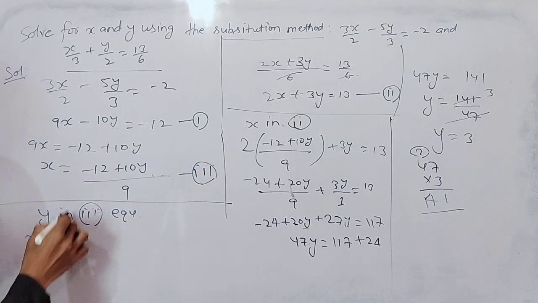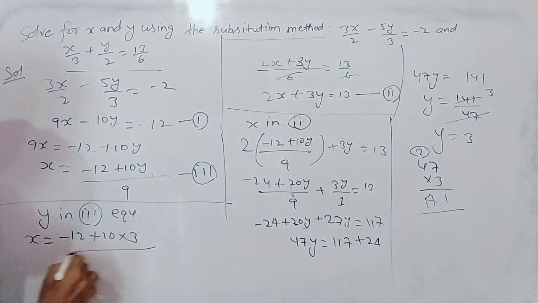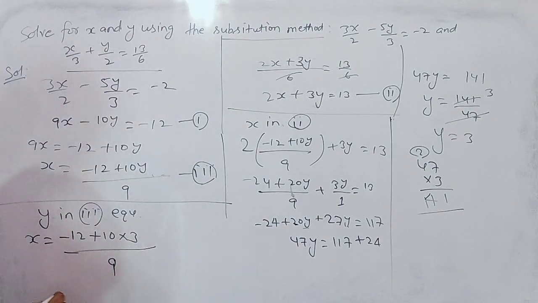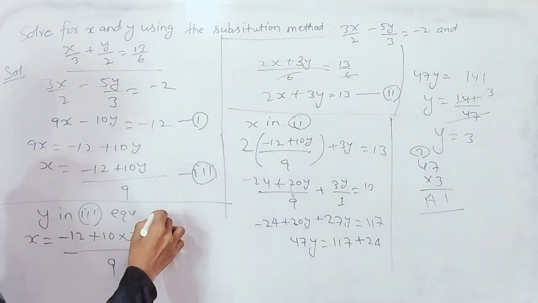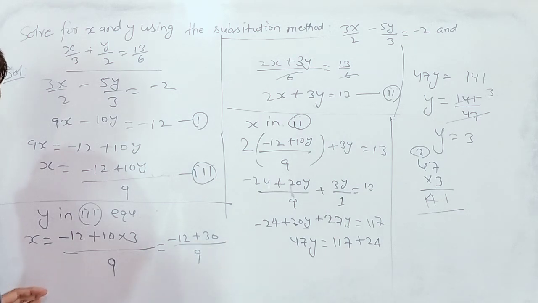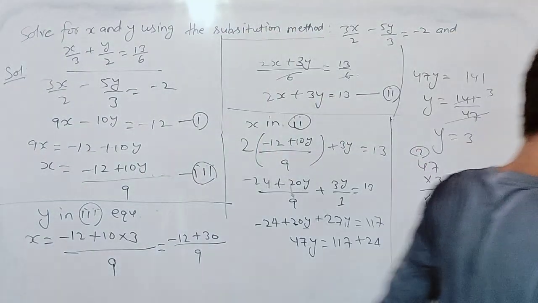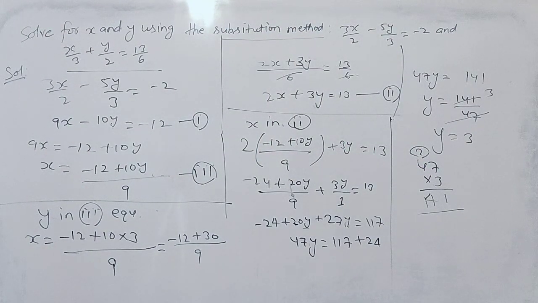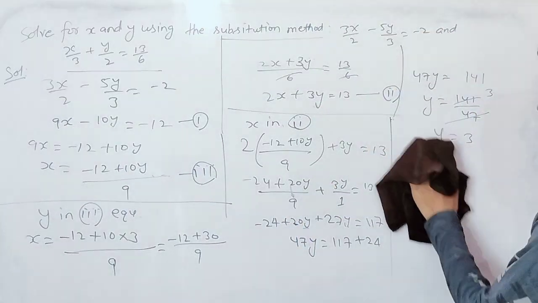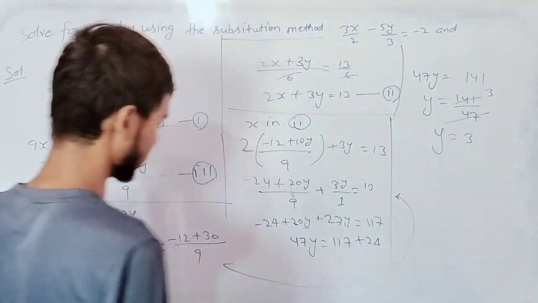Now here x is equal to minus 12 plus 10 times y, where y is 3, upon 9. Here minus 12 plus 30 upon 9. Okay, no problem. Can you see this? Is the text visible or not? Yes, you can see. I am solving this forward so that you can see.